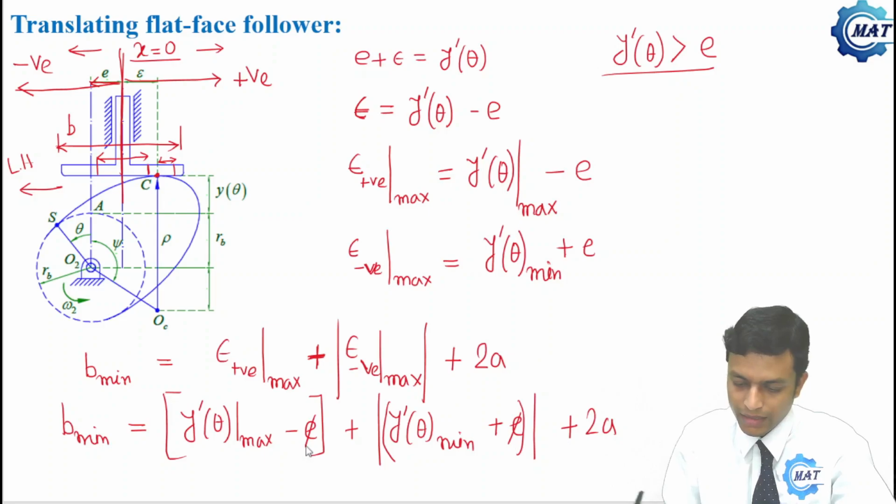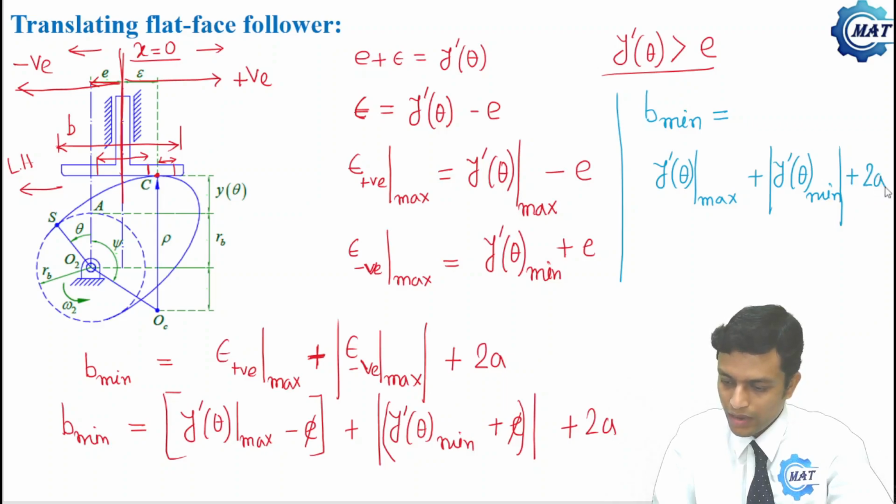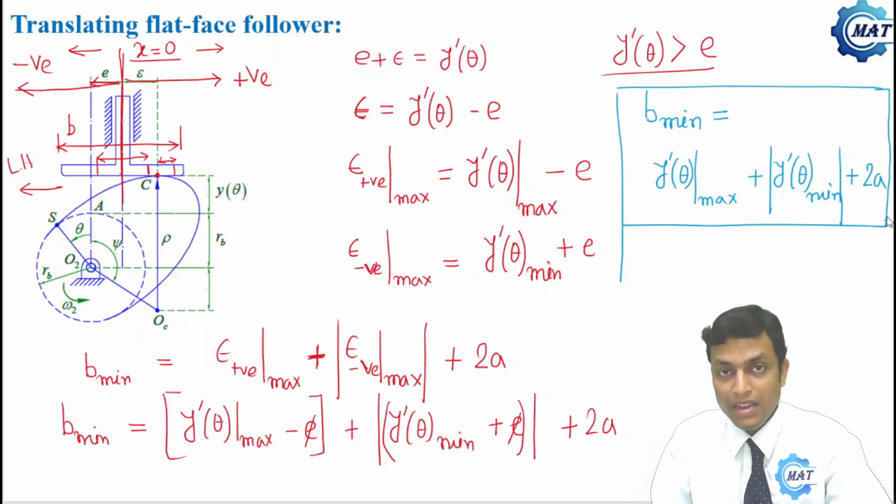Now E cancels, so we get, let me write it down here, B min is y prime theta max plus y prime theta min, mod of this, only the value, plus 2A, that is the allowance. So this expression gives the minimum required value of the follower width.